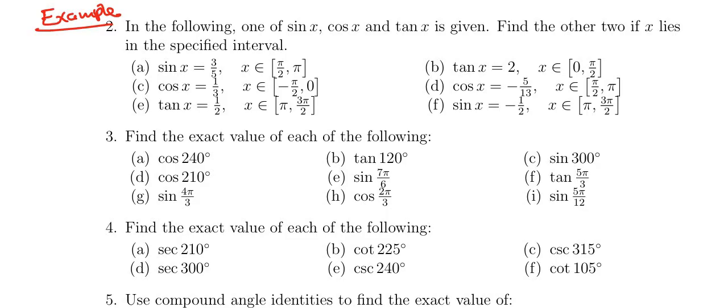Find the other two if x lies in the specified interval. The specified interval here is 90 to 180, so we're dealing with the second quadrant. Then here they're saying cos x, with the interval negative 90 to 0. This is the fourth quadrant, if you pay attention.